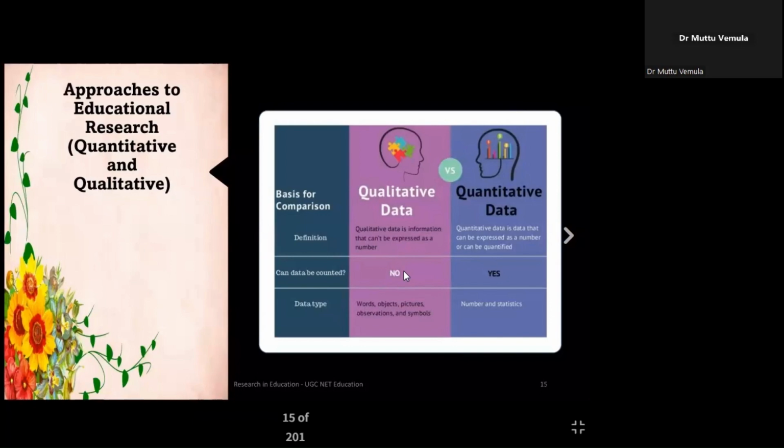Option C, ranks are given. Option D, result given in descriptive words. Now, which of these four is qualitative data? Marks, grades, ranks, results given in descriptive words.